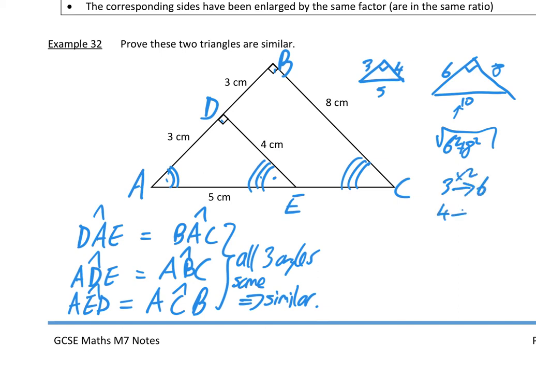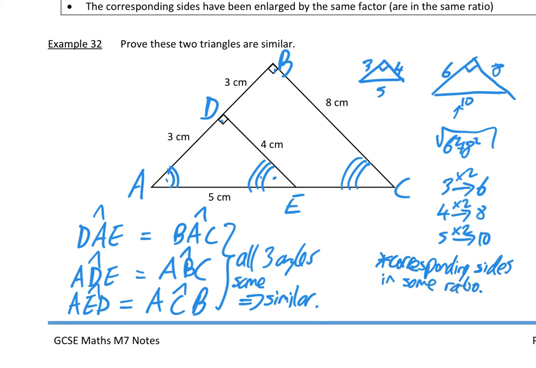You go from 4 to its corresponding side of 8 by multiplying by 2. You go from 5 to its corresponding side of 10 by multiplying by 2. So we can say corresponding sides are in the same ratio.